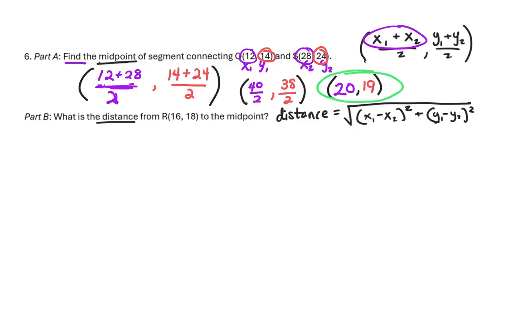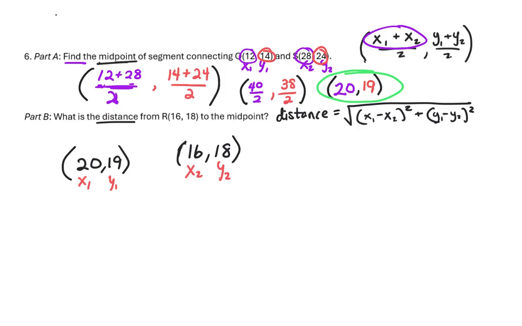Next one, it has us finding the distance between the midpoint that we just found. So we've already got the midpoint, 20, 19, and we want to find the distance between that and point R, which is at 16, 18. So like I said, we want to label it first, x1, y1, x2, y2.